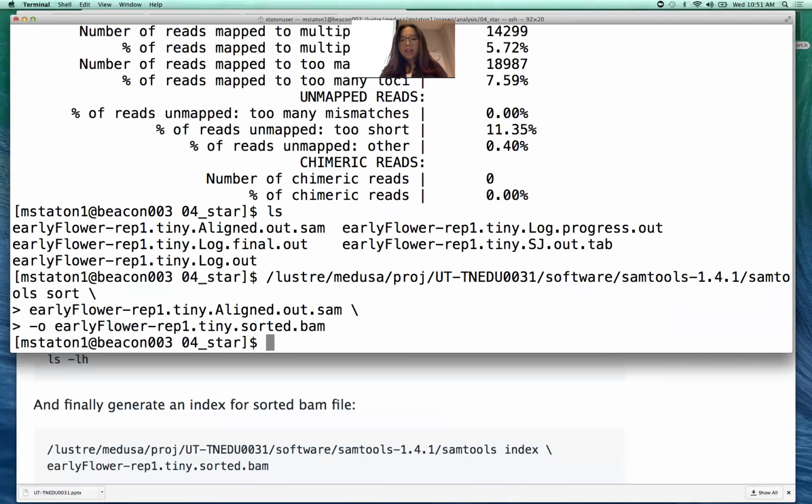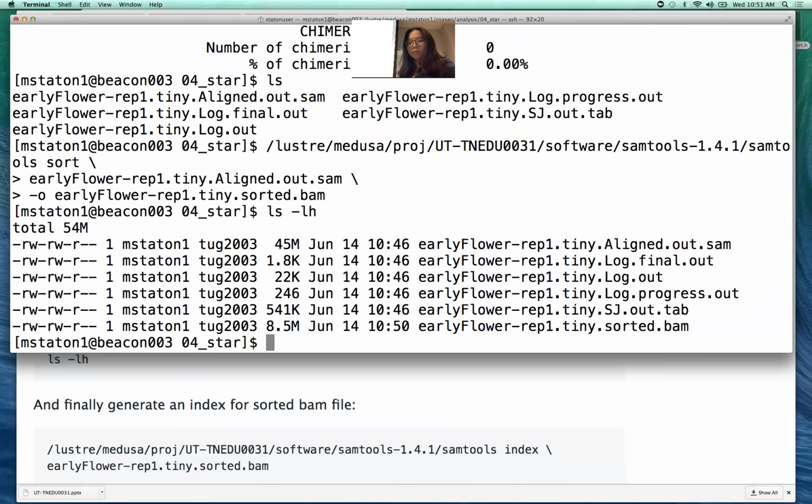All right, and right now, if you look at the file size, let's put ls -lh. We see our actual alignment is 45 gigs, and our sorted BAM is only 8.5, so it's much smaller. And we have one more thing to do. We need to create an index for the BAM file.